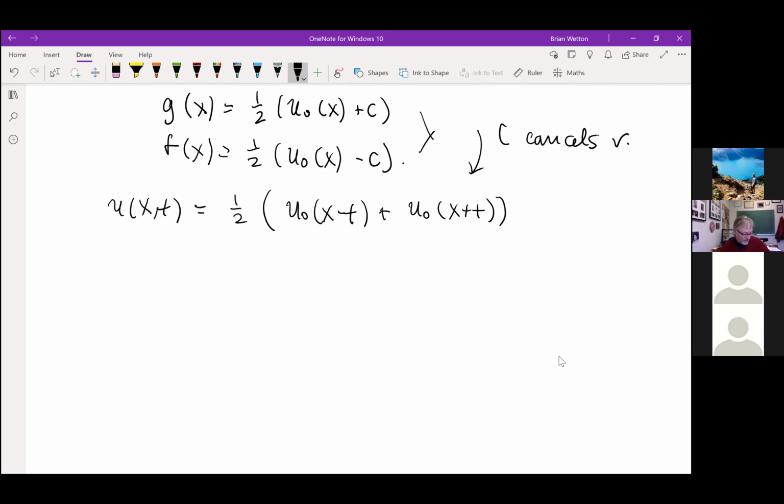Okay, and let me come back to a comment I want to make. But we can describe this in words. So in words, what happens with my initial data? This profile breaks up into two pieces.